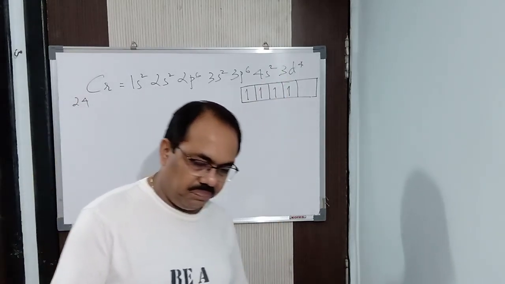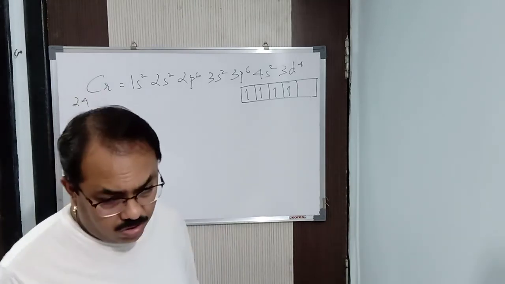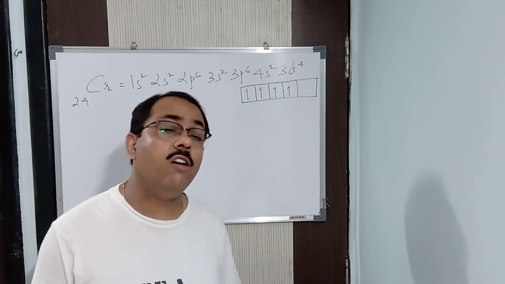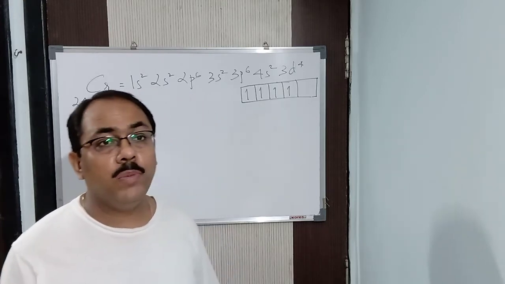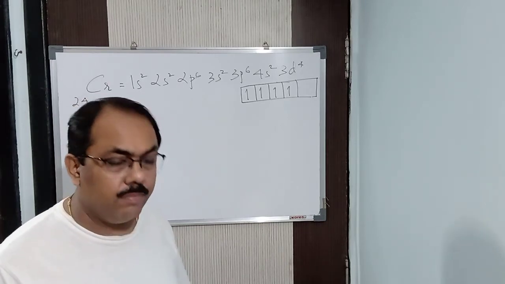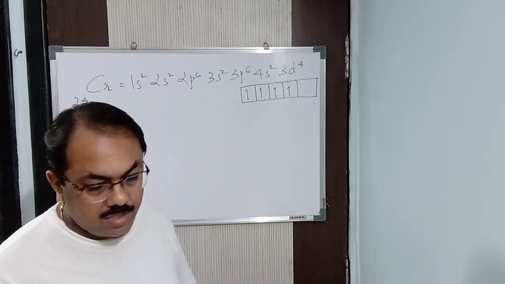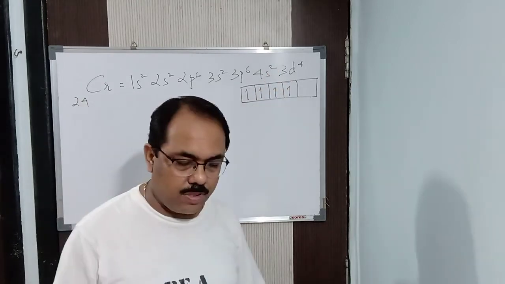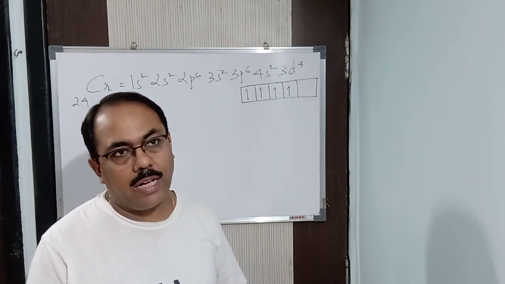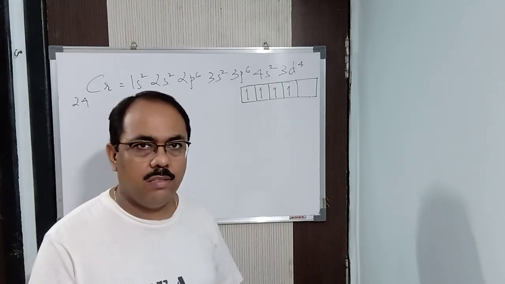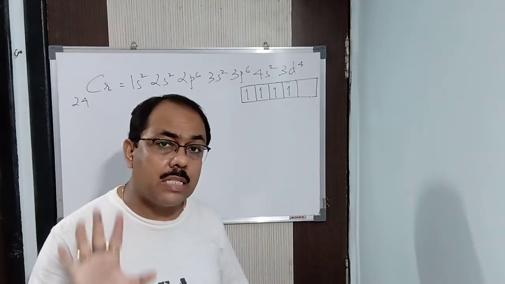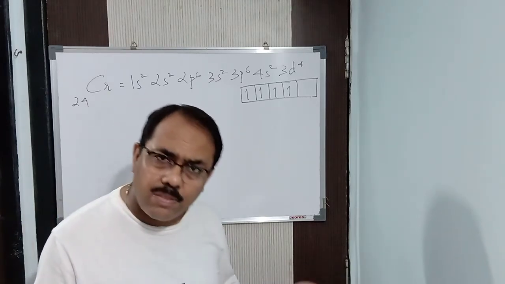Now I forgot to tell you that if a subshell has 1 electron less for being half filled or fully filled, then it is considered to be highly unstable in nature. If the outermost subshell of an atom has 1 electron less for being half filled or fully filled, it is considered a highly unstable configuration, because it is not symmetrical.